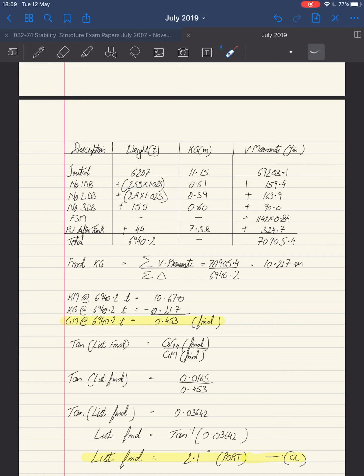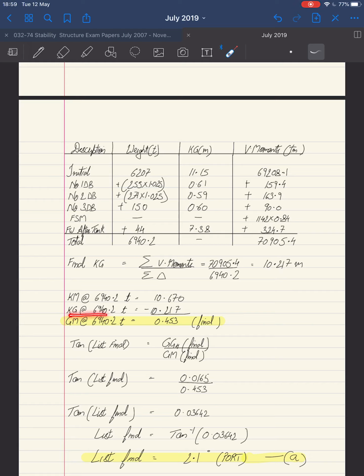Now we will calculate the new KM of the vessel. Since the displacement of the vessel has changed, the KM of the vessel also needs to be changed. So the KM at 6940.2 tons, we have got it as 10.670 meters, and it has been obtained from the hydrostatic data by doing interpolation.